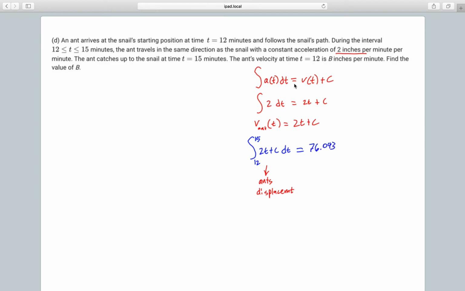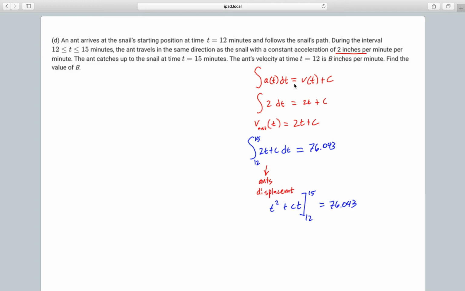And so now we're ready to evaluate, right? So the antiderivative of 2t is just going to be t squared plus ct, because c is a constant, and I want to evaluate that from 12 to 15. That's still going to be equal to 76.043.